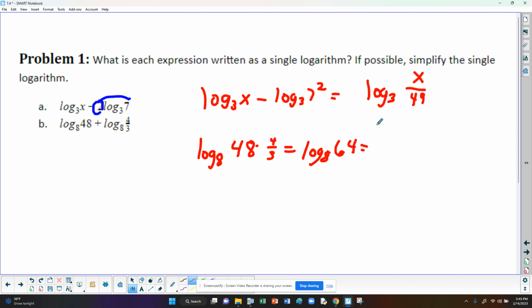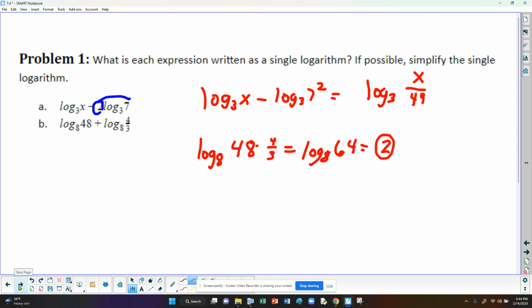Well, this is asking 8 to some power is equal to 64, and that simplifies nicely down to 2. So our final answer for B is just going to simplify all the way down to 2. So if we can, we get it simple, simple, simple, as much down as we can.